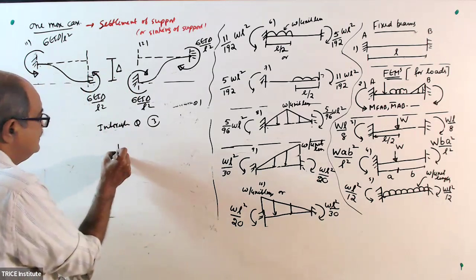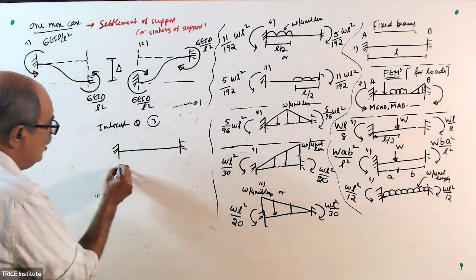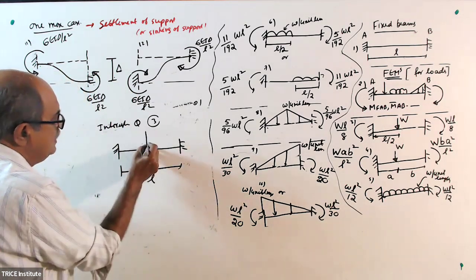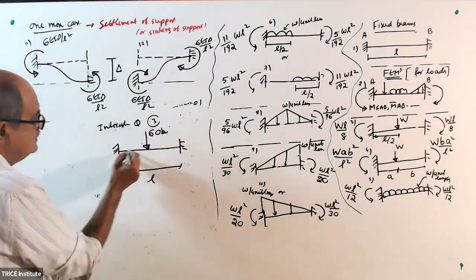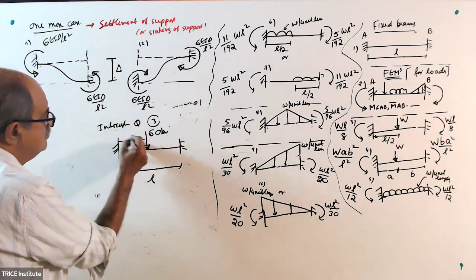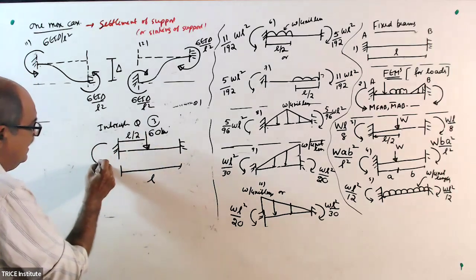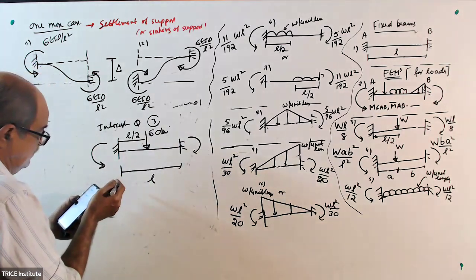See, there is a fixed beam. They have not told the length. Let the length be L. A point load of 60 kilonewton? Center means L by 2. They told the end moment is equal at both ends.